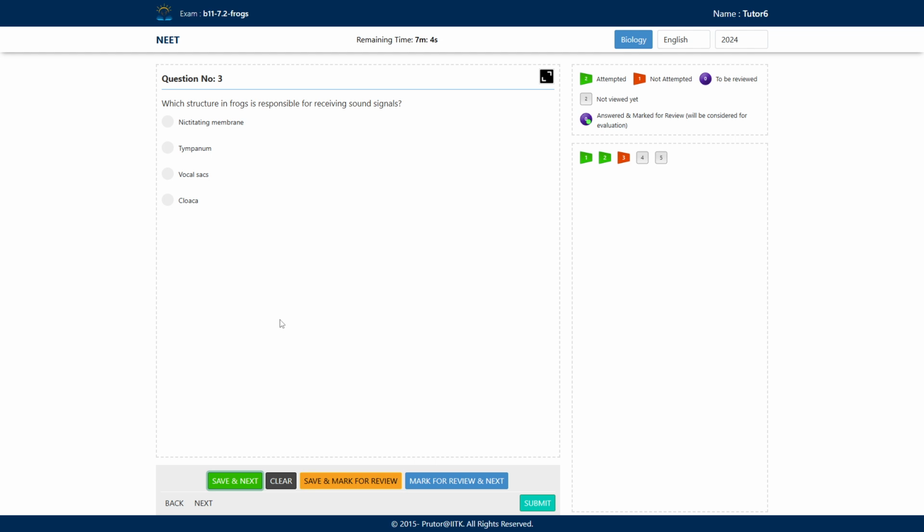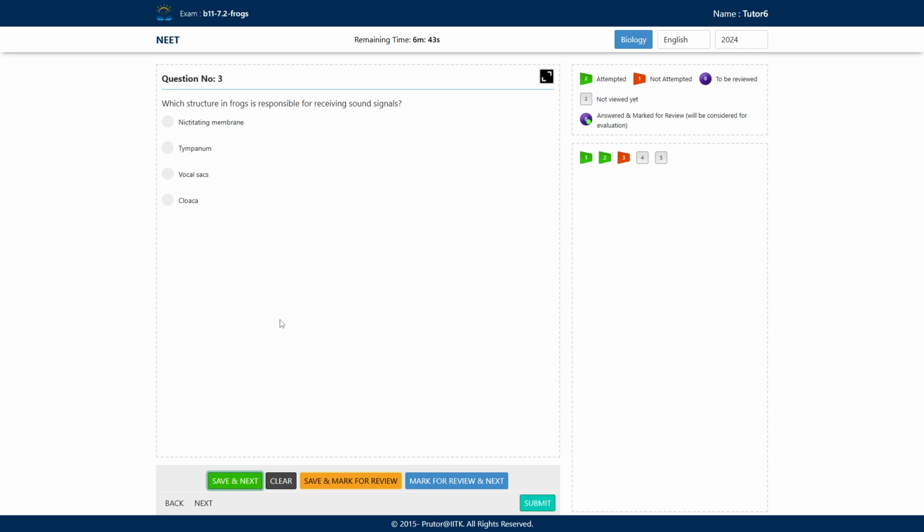Nictitating membrane is present on the eye, and it helps the frog when it is present in the water. So it is related to the eye. Tympanum is the eardrum, the tympanic membrane, related to the ear.